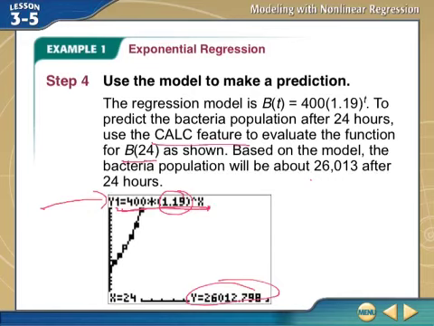We got 25,000 something, and they got 26,013. So again, just to reiterate what I said on the last slide, depending on how you round the values in your equation, that's going to affect what you get for your output when you use your equation to predict after time t.